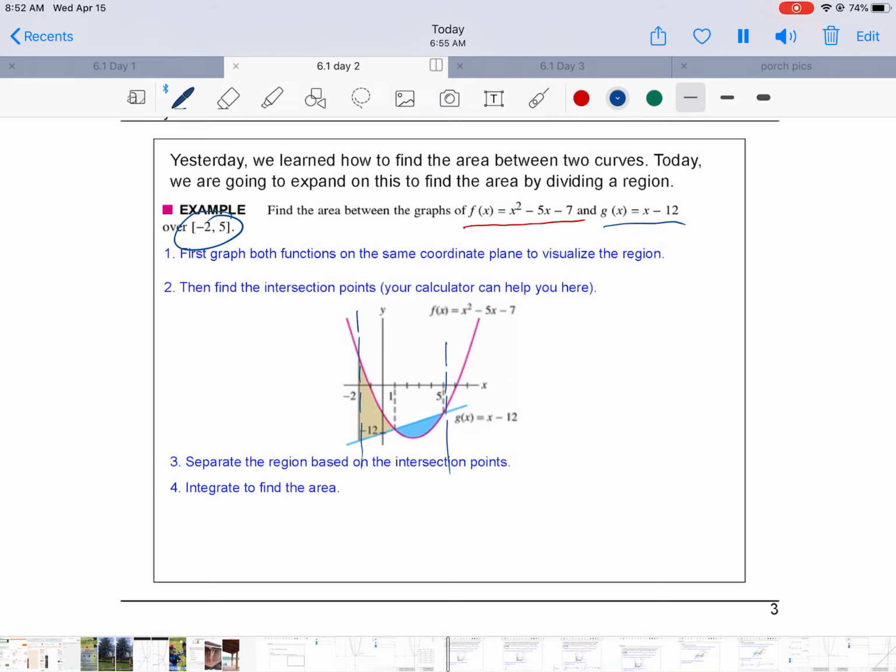So inside of that interval, we can see that we have a point of intersection at 1. This is splitting our interval into 2 separate regions. For now, it's just the x-coordinate of these points of intersection that matter.